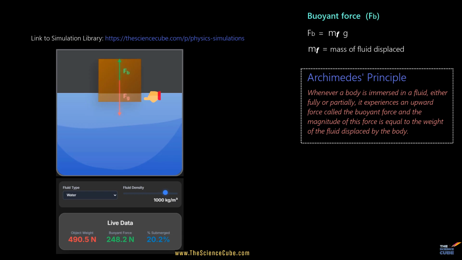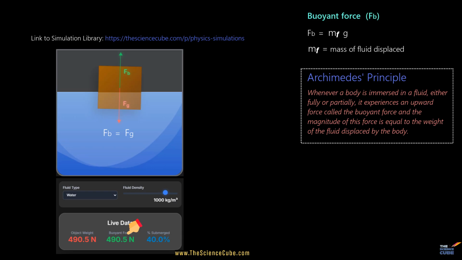According to Archimedes' principle, the more water displaced, the greater the upward buoyant force acting on the block. Eventually, the buoyant force grows till it exactly balances the block's weight, and at that point, equilibrium is reached. The block stops sinking any further and simply floats.